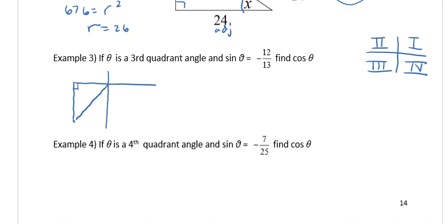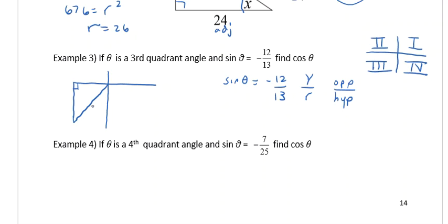And they tell us what sine is. So if sine of theta is negative 12 over 13, I'm going to move the negative up onto the top because, remember, that denominator is the radius. So this is y over r, or you can think of it as opposite over hypotenuse. But I moved the negative to the top because we want that radius to be positive.